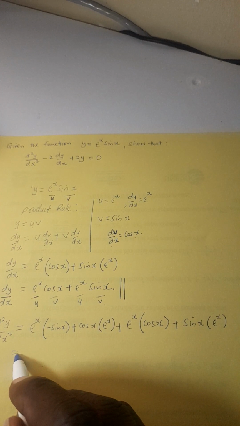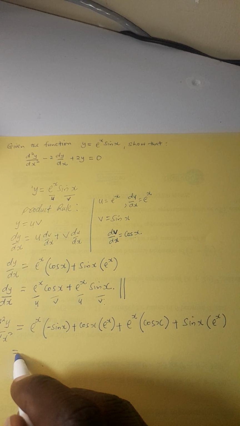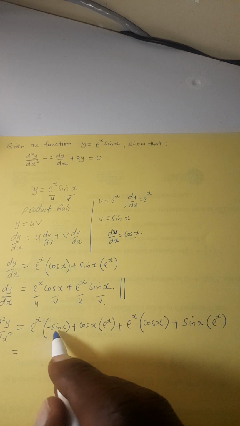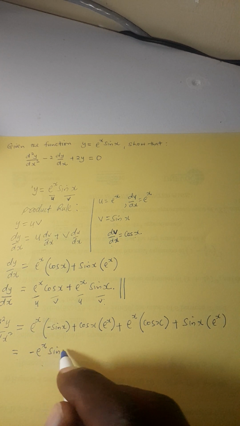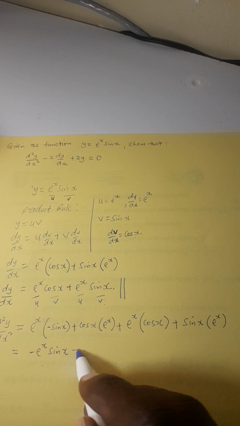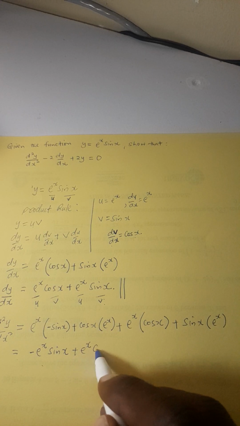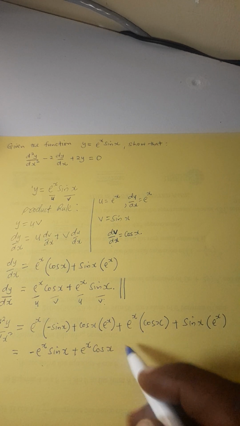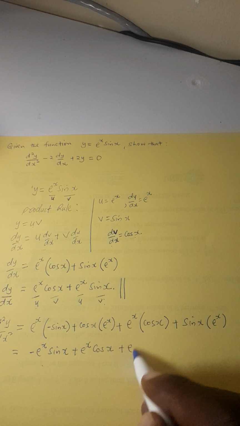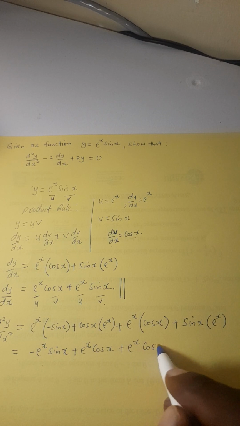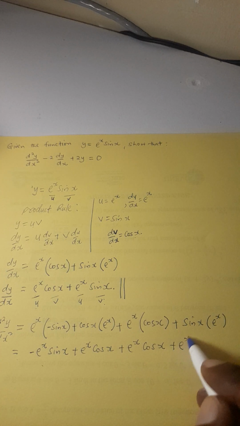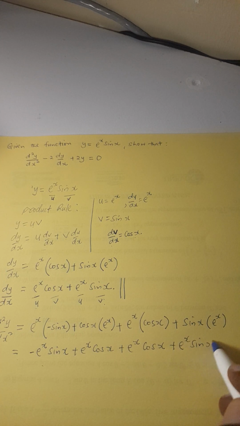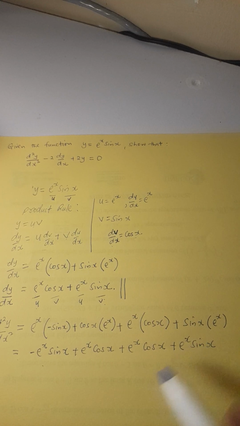Now let's open the bracket and collect the like terms. This one times this, negative e^x sin x, plus e^x cos x, plus e^x cos x, plus e^x sin x. Now we are talking about like terms.